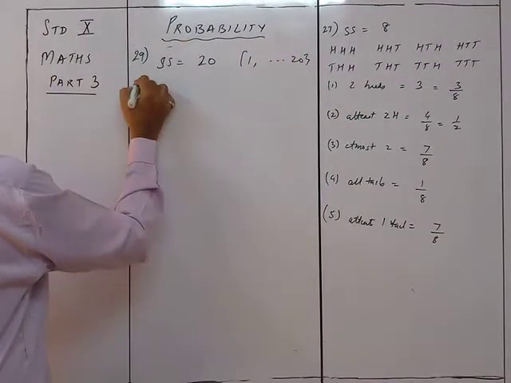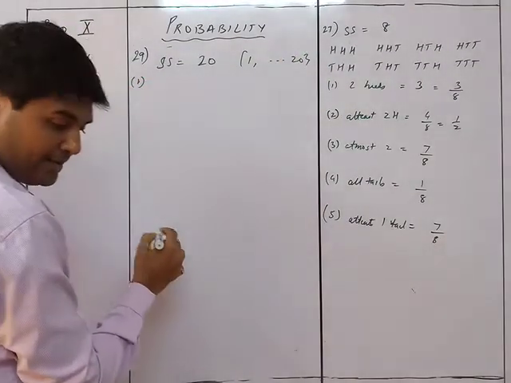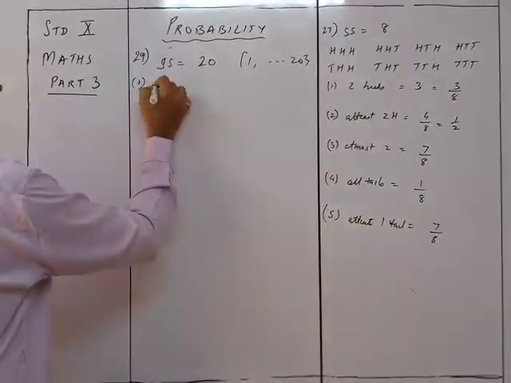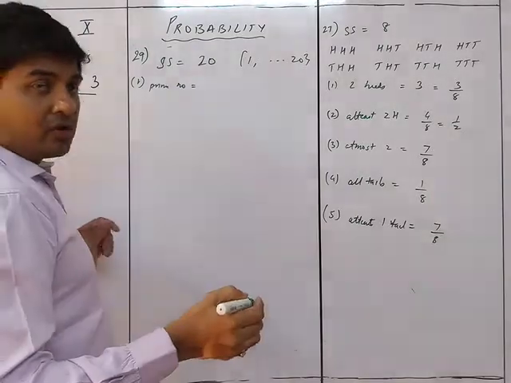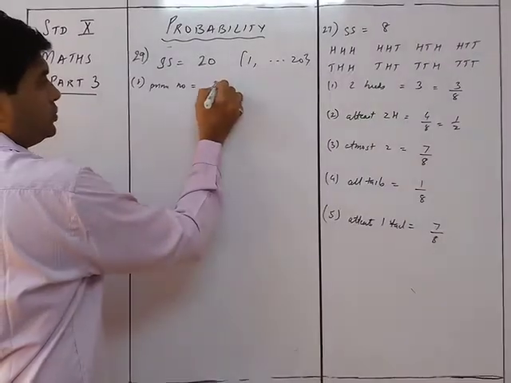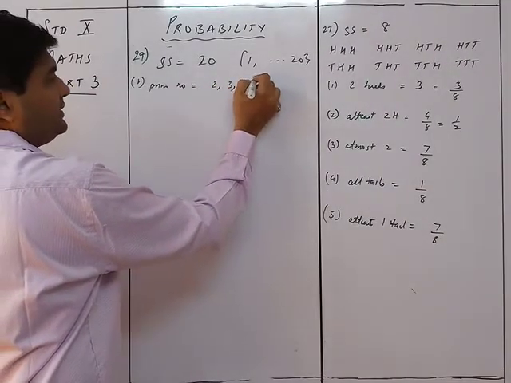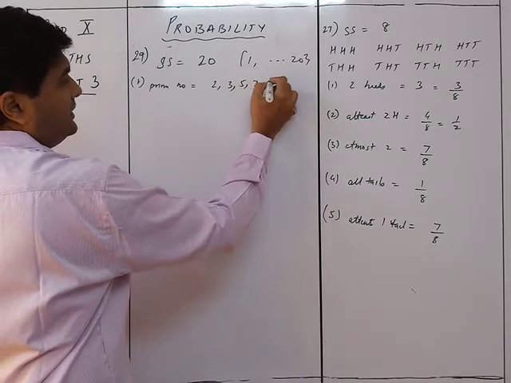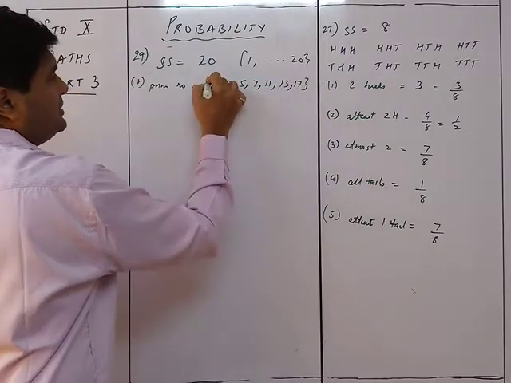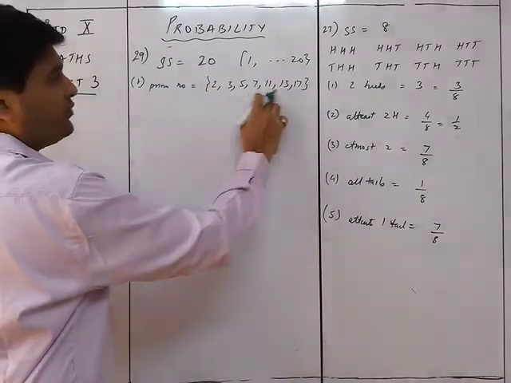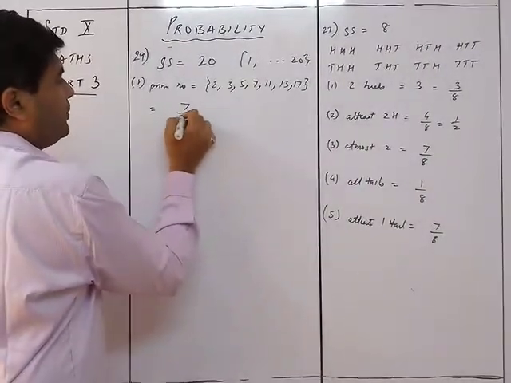Now the first one is a prime number. 1 is not a prime number, it is a composite. So 2, 3, 5, 7, then 11, 13 and 17. These are the prime numbers: 1, 2, 3, 4, 5, 6, 7. So it's 7 upon 20.